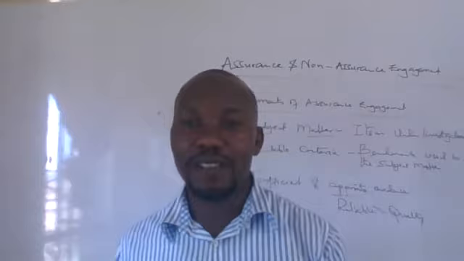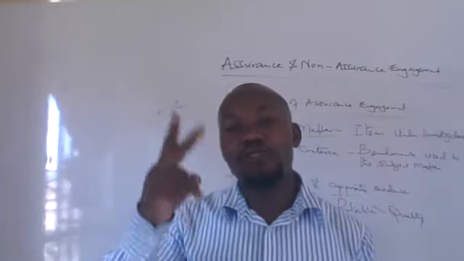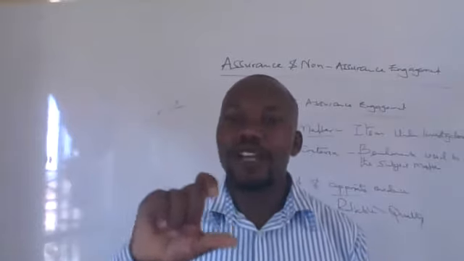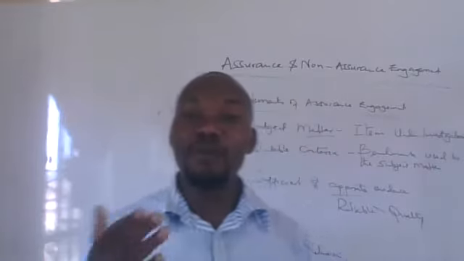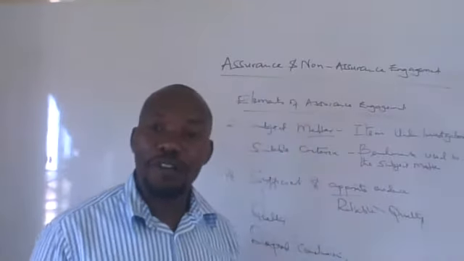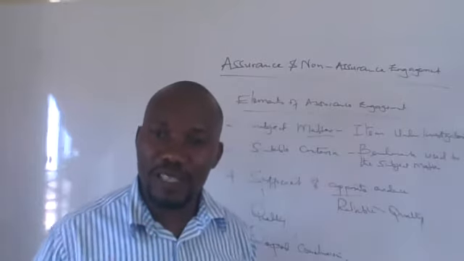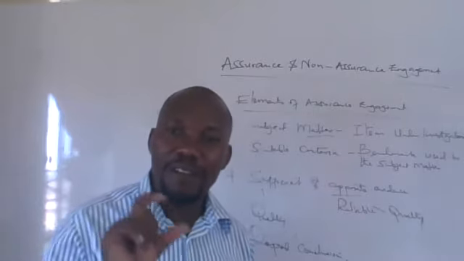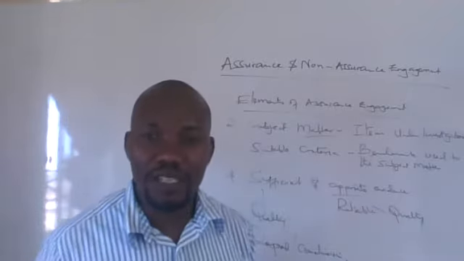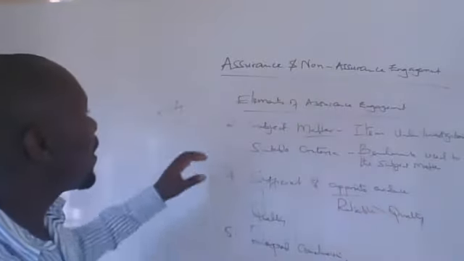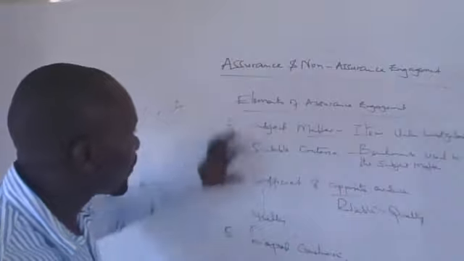That is basically the difference. If they give you 2 marks, then you can explain like that. But if they give you more marks, like 4 or 6, then they told you to give differences between assurance and non-assurance engagement. After giving the first difference, which is basically the definition, give the second difference.